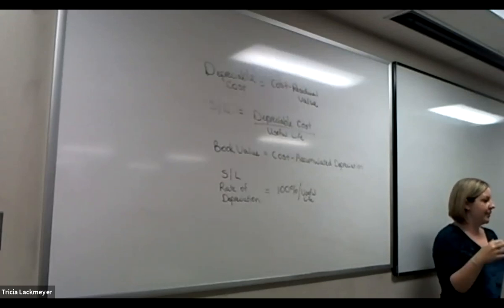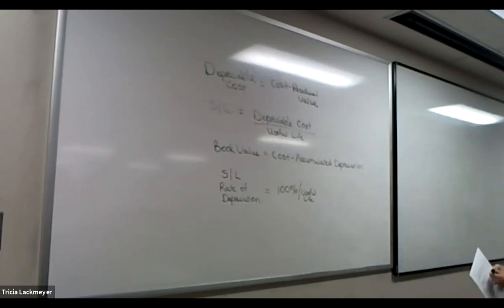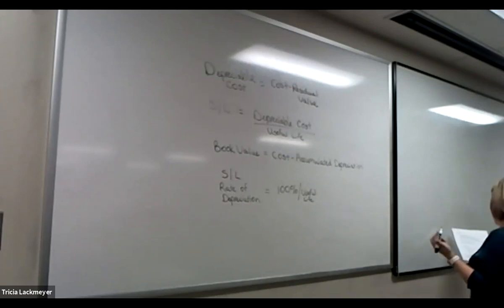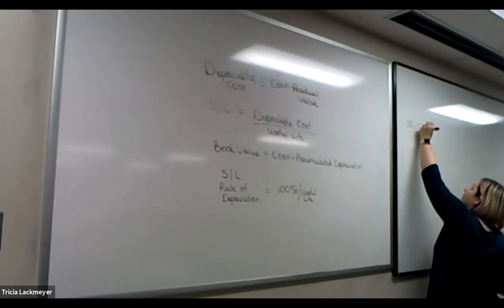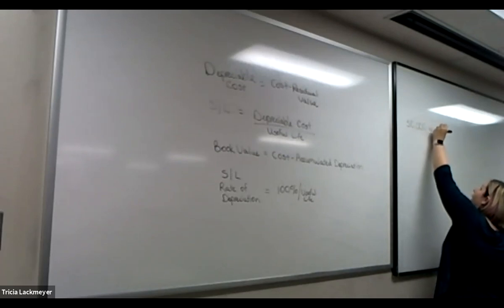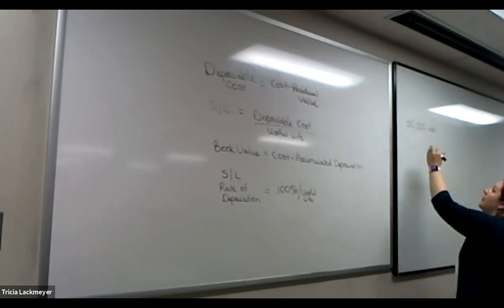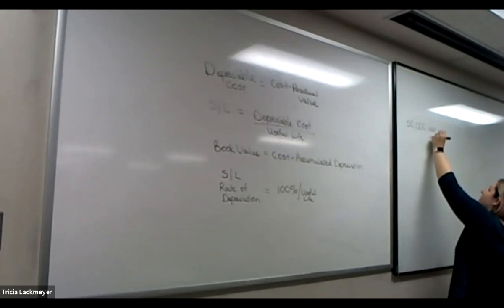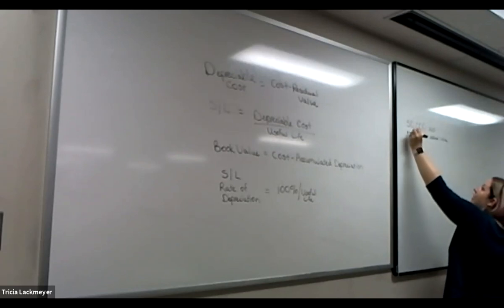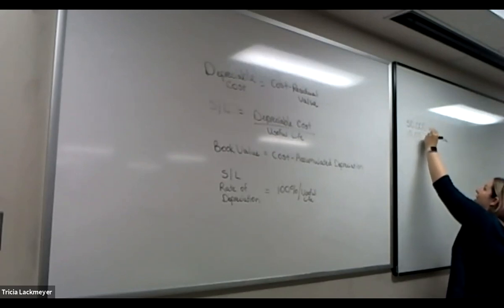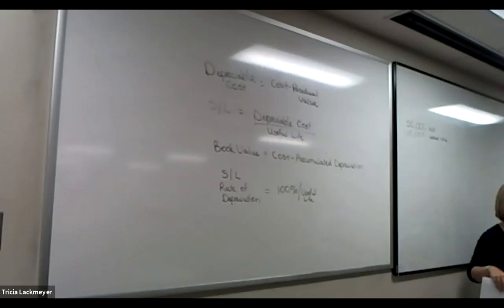So for example, let's make up an example. Hopefully I can make up even numbers. I really need to write down examples. Say we have an asset with a cost of $50,000 and a salvage or residual value of 10,000. I know that's high, but I'm trying to keep my math simple.